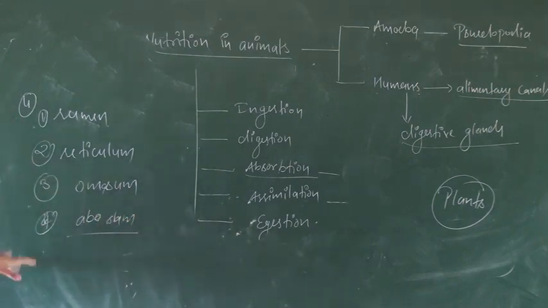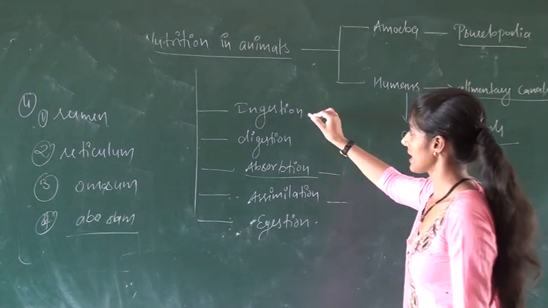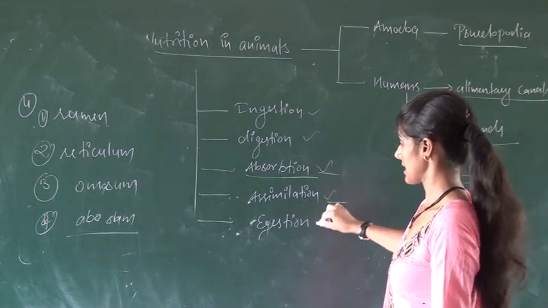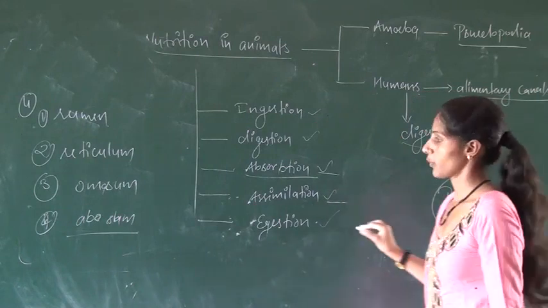These are the four compartments. In these compartments, the process of nutrition, that is ingestion, digestion, absorption, assimilation and egestion, takes place in the case of ruminants.